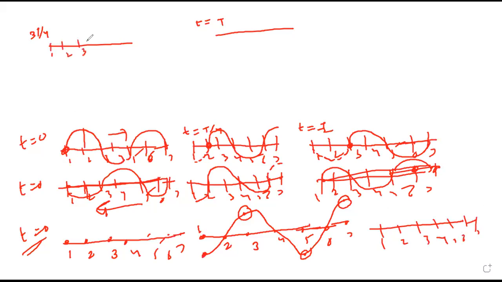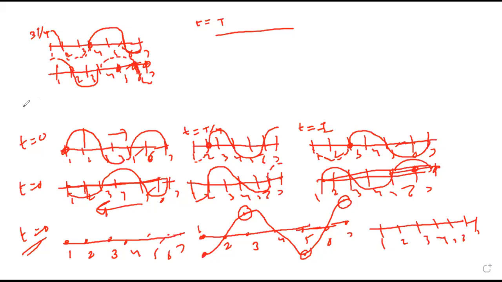At 3T by 4, the wave will come to this position, and this will be propagating behind like this. 0, T by 4, T by 2, 3T by 4 will be propagating like this.